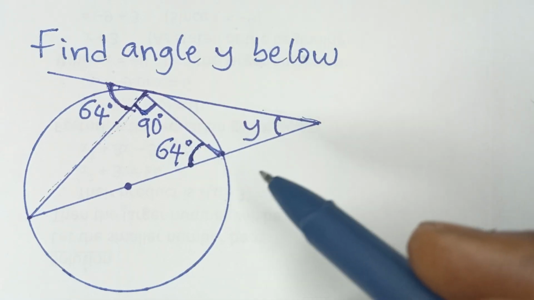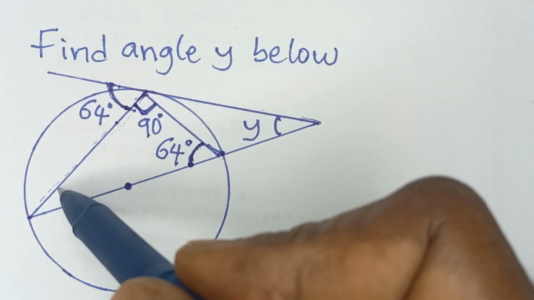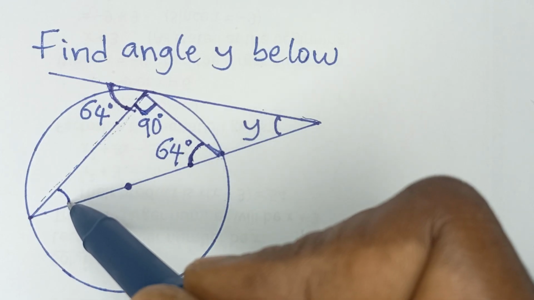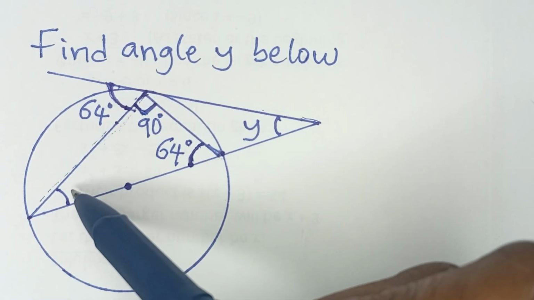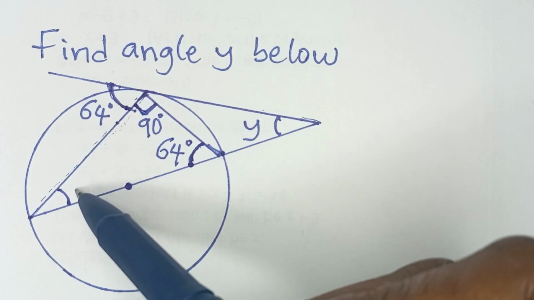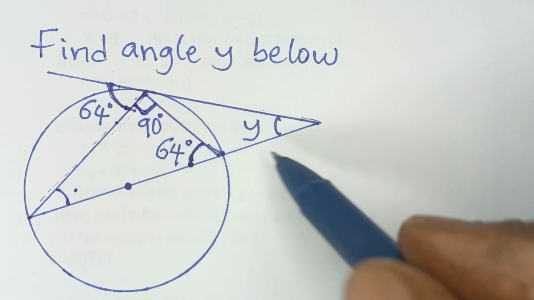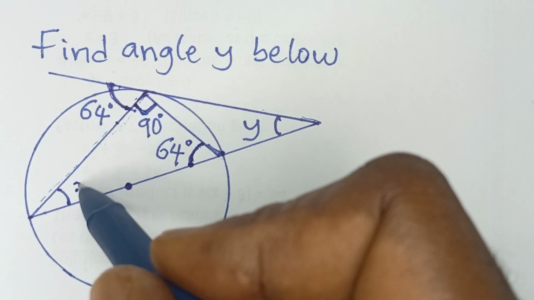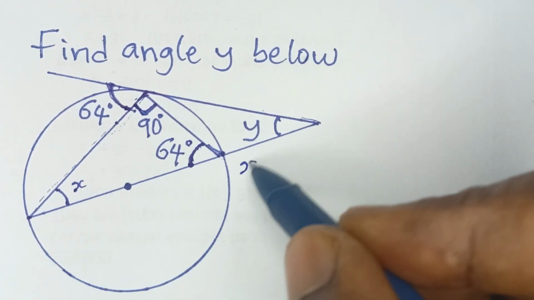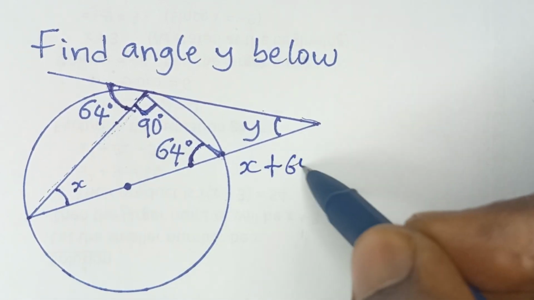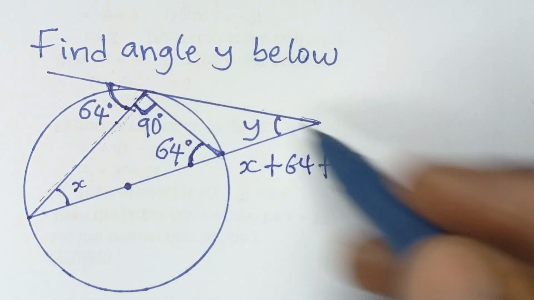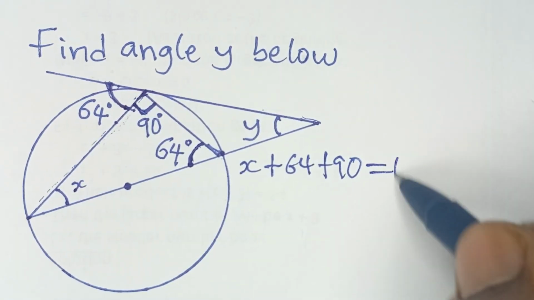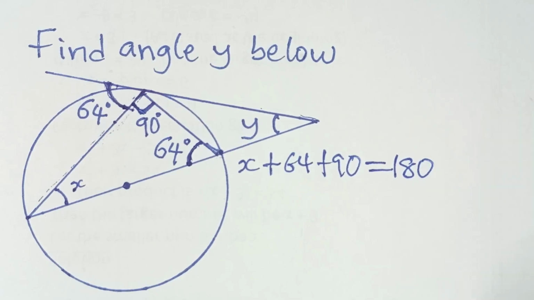Now with that, we can as well get this third angle of a triangle. So you agree with me that this angle of this triangle, let's call that angle x. So if I call it x, I'm going to say x plus 64 plus 90, using this triangle, should be equal to 180, because sum of angles in a triangle is 180.